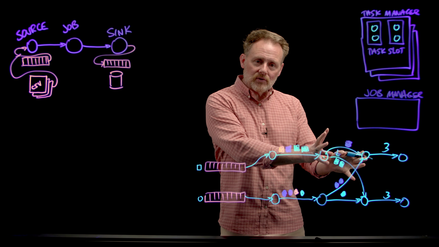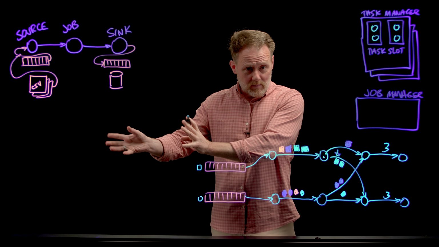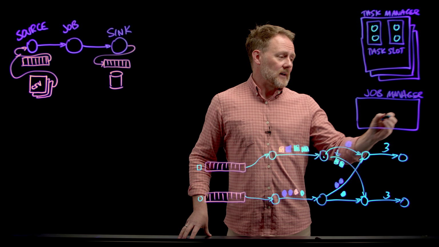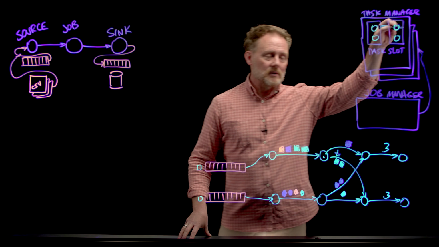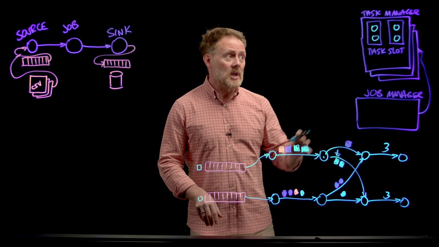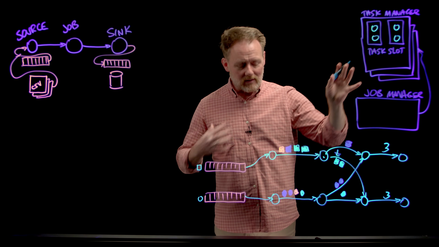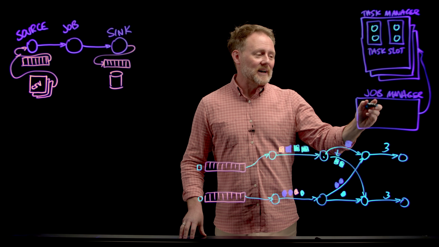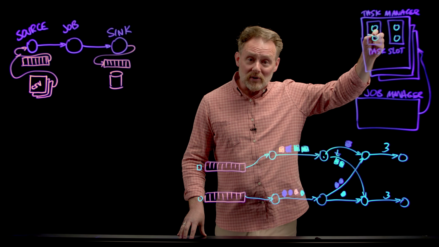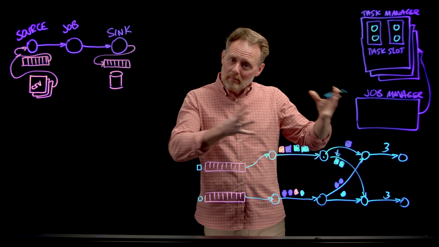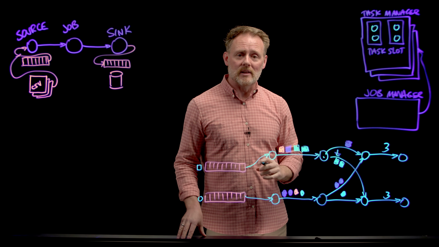That's going to take this job expressed using the API, which we'll cover in just a minute, and then scheduled off into slots in the task managers. Should a task fail, I mean, it happens to everybody, the job manager is also responsible for rescheduling them. That's a part of the fault tolerance story that Flink has.